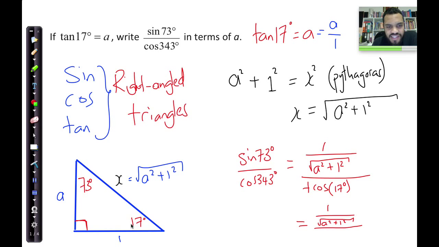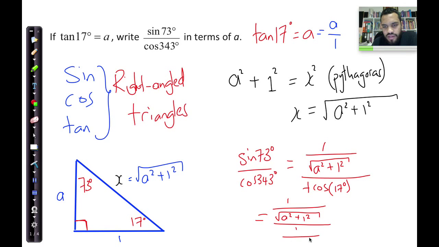And cos 17 is adjacent over hypotenuse, and the adjacent over the hypotenuse is equal to... I tell you what, let's do that last bit over. It's going to be equal to 1 over the square root of a squared plus 1 squared, over 1 over the square root of a squared plus 1 squared.